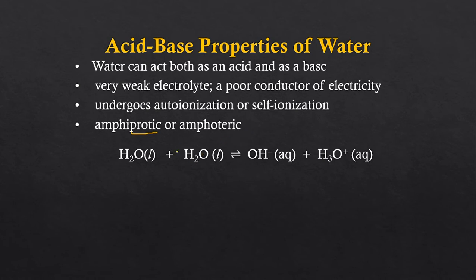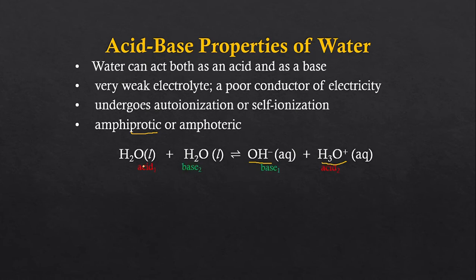Okay, so ito yung auto-ionization or self-ionization ng water. So, if you have two molecules of water, pwede siyang mag-dissociate to form hydroxide ion and hydronium ion. Pero yan ay napakadalang, napakabihirang mangyari yan. At, syempre, kapag sila ay nag-dissociate to form hydroxide ion and hydronium ion, babalik din sila sa dati into water molecules.